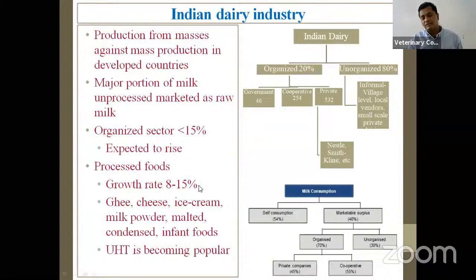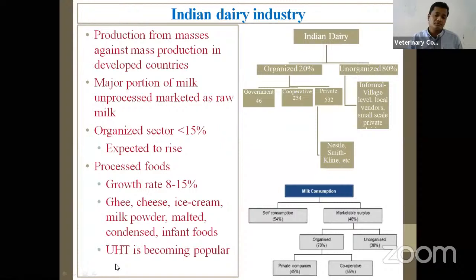Of all these, among fluid milks, ultra high temperature treated milk, UHT milk, is showing promise with respect to growth because it is becoming more and more popular. This product can be kept at room temperature for up to 6 months, won't require any refrigeration, and milk can be made available even at distant, remote places. That's why this product is becoming popular.